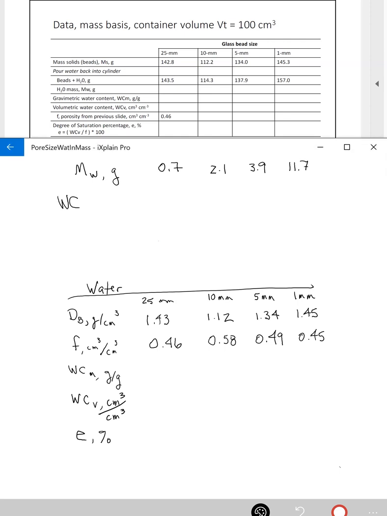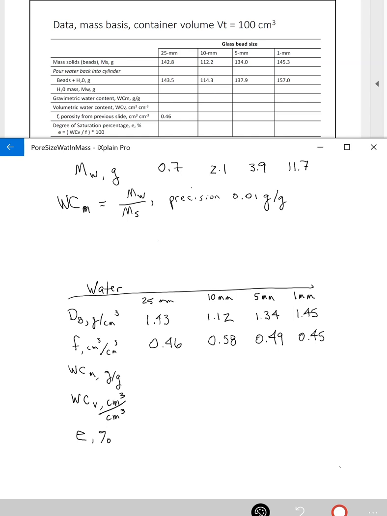Remembering that our formula for gravimetric water content, which is the water content by mass, is the mass of the water divided by the mass of the solids, with a precision of 0.01 grams per gram.